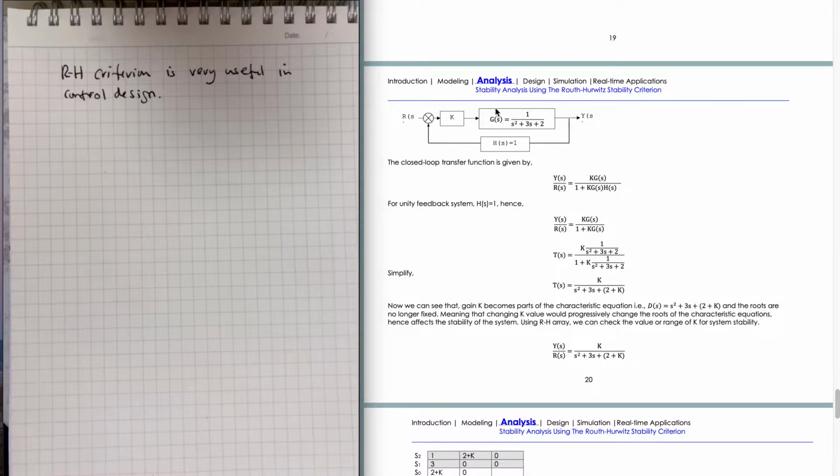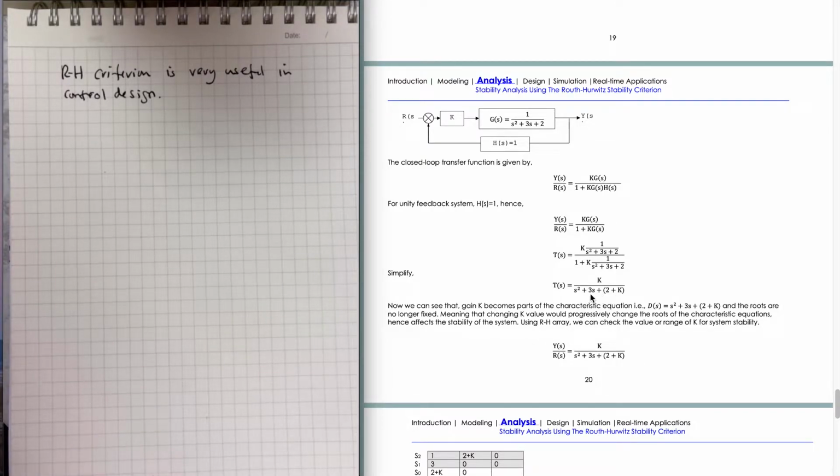Now we have a closed loop system like this, and then we found that this transfer function is like this. After we calculate this, we got K over S squared plus 3S plus 2 plus K. I think we learned this in the previous topics, in the closed loop and open loop systems.